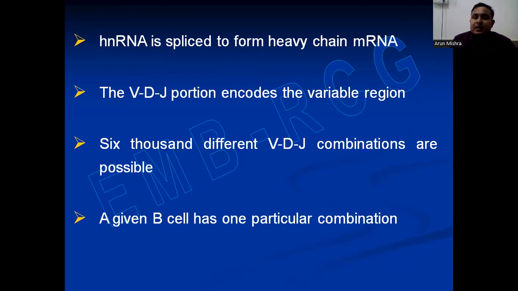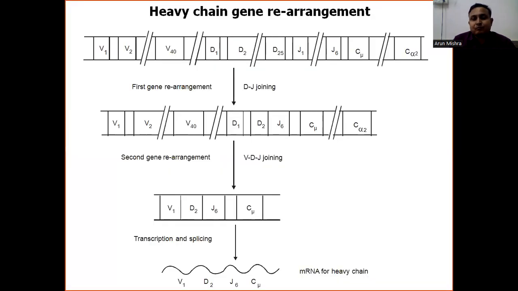A given B cell has one particular VDJ combination. Similar to the light chain gene rearrangement, we can see here the first gene rearrangement, which is known as DJ joining, and the second gene rearrangement, which is known as VDJ joining, and further transcription and splicing to form mRNA, which codes for a heavy chain of the immunoglobulin.